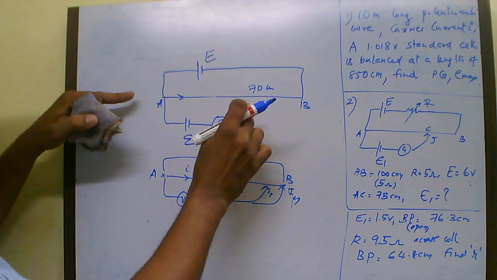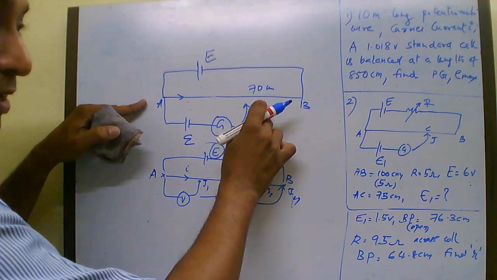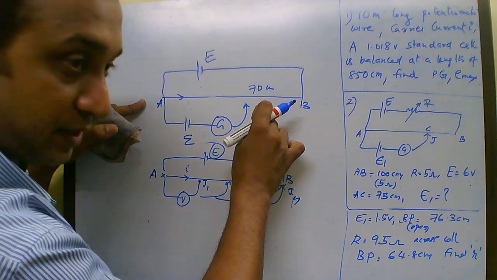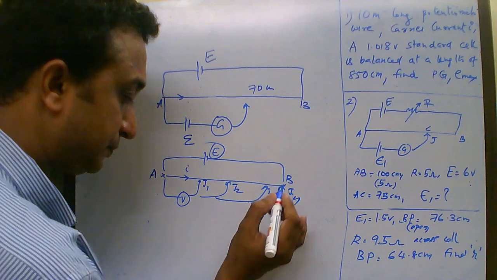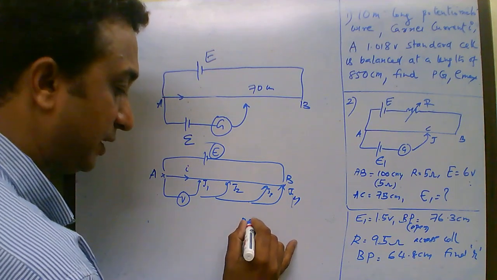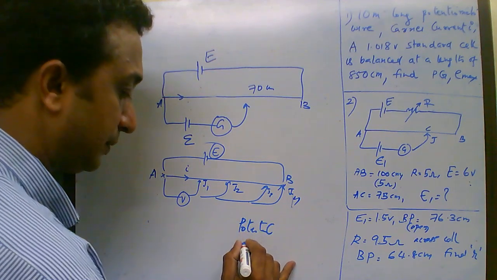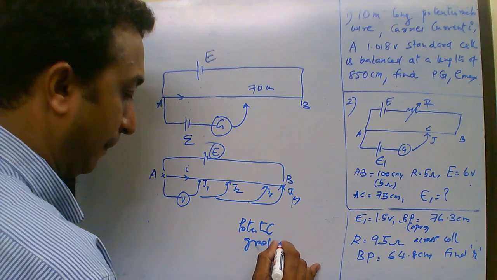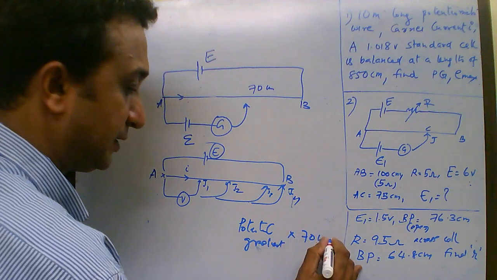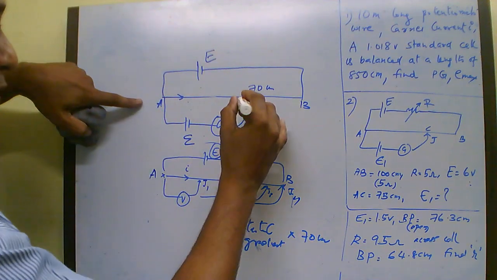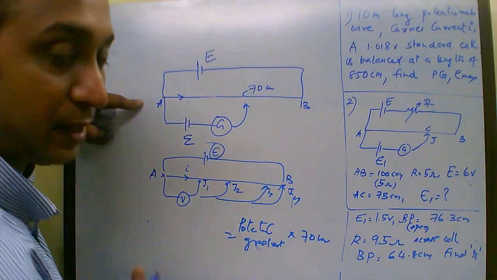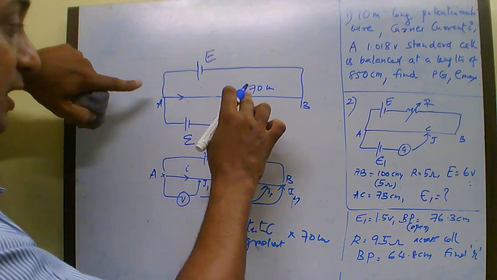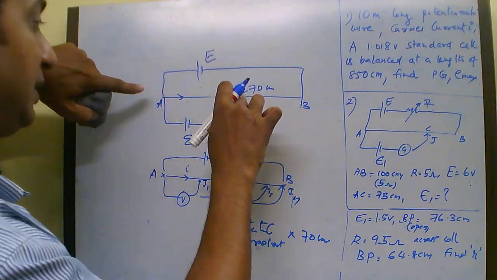It means that 70 centimeters has a particular potential difference, which is equal to the potential gradient, the potential difference per unit length, multiplied by 70 centimeters. So the voltage between A and C is the potential gradient multiplied by 70 centimeters.